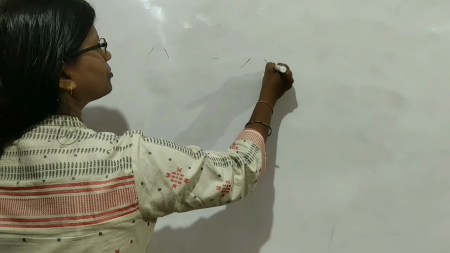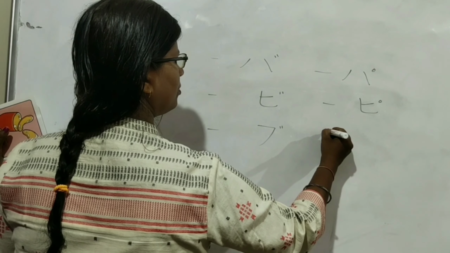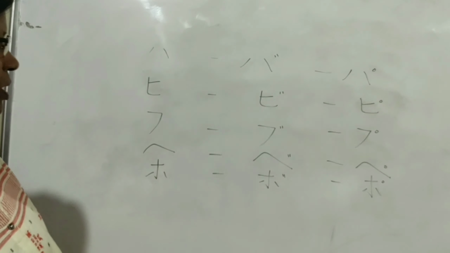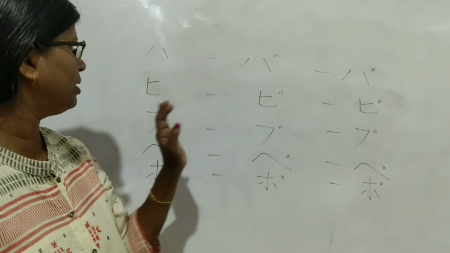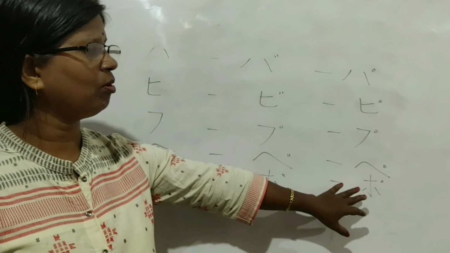Ha, ba, pa, hi, bi, pi, fu, bu, pu, he, be, pe, ho, bo, po. Okay.